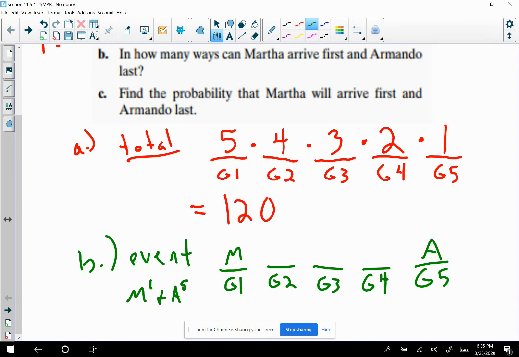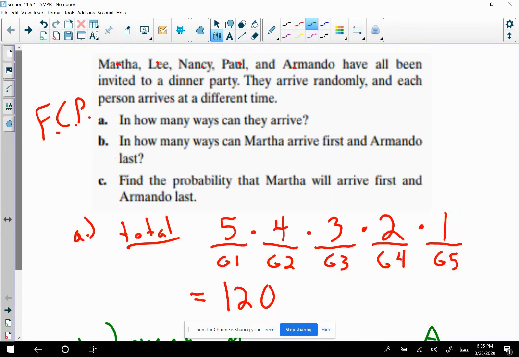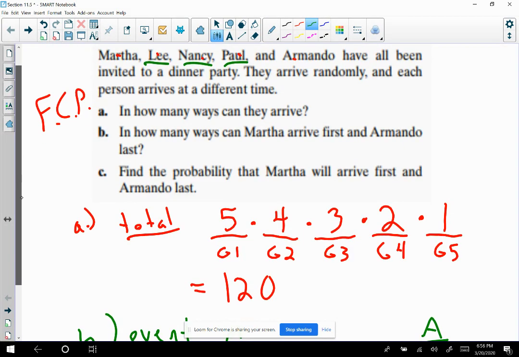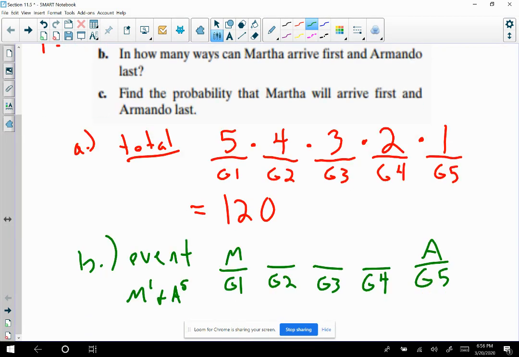And then from there, we only have 3 guests that are left. All we have left are Lee, Nancy, and Paul. So, with that in mind, since the first and the last are already set in stone, that's the only way they can happen, we just worry about the middle 3. So how many ways can the second guest arrive? There are only 3 of them left that we have to worry about.